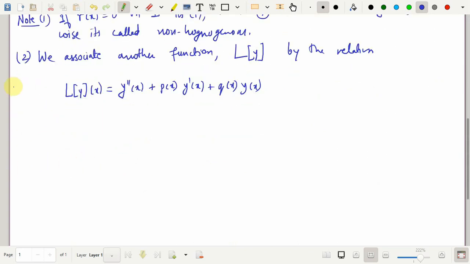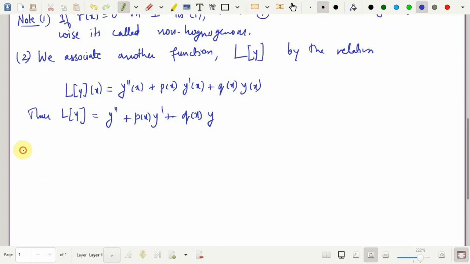So, if I write L of y, that will be simply without x, that is y double dash plus p of x into y dash plus q of x into y. When you treat it on the variable x, you can consider it in this form.